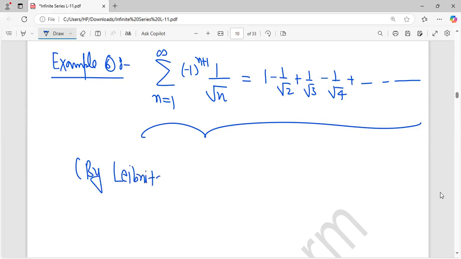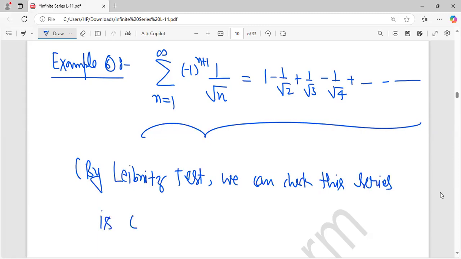Because this is an alternating series, by the Leibniz test we can check this series is convergent. Because what is un? 1 upon root n is monotonically decreasing, and the limit of un tends to 0. So this series is convergent by the Leibniz test.